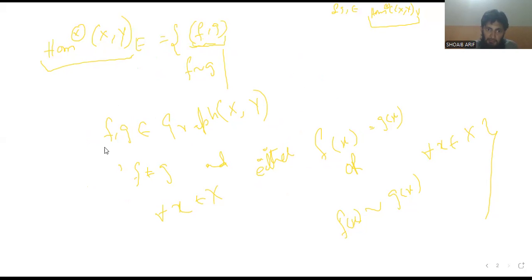If these two belong to this set, and f is not equal to g, and for all x belonging to the graph X, either f(x) is equal to g(x) or f(x) is adjacent to g(x), for all x belonging to X. This is the edge set of the Hom tensor (x, y) graph.